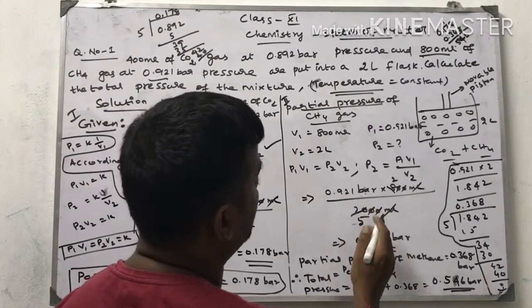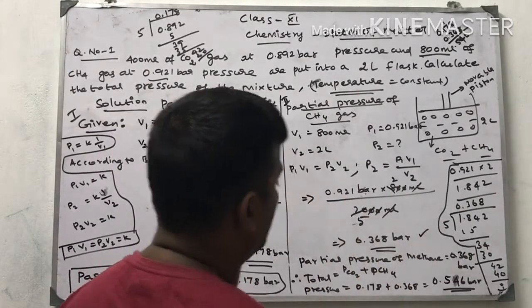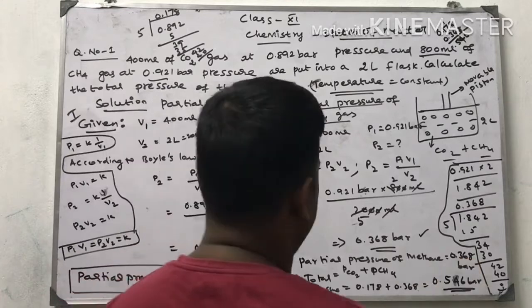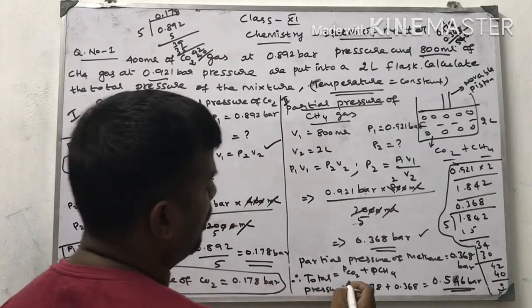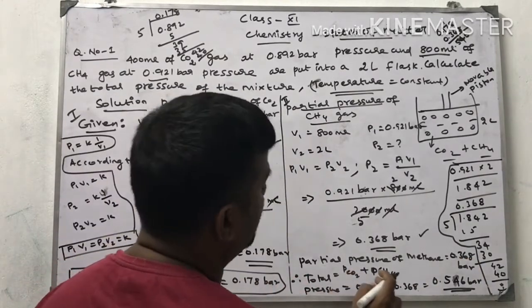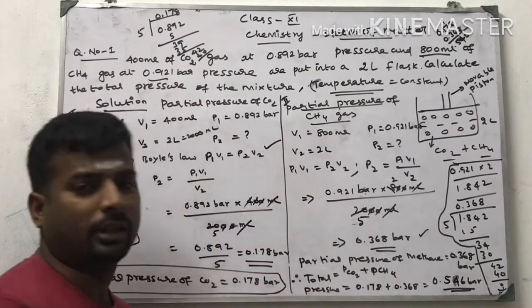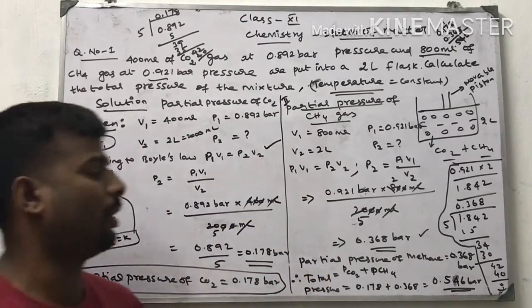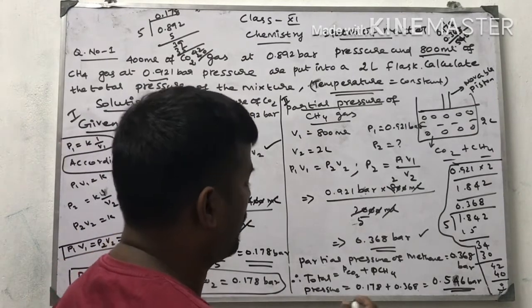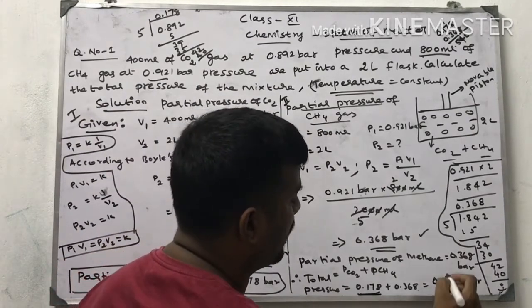Substituting the values and simplifying, we get this value. Partial pressure of methane is this. So total pressure is equal to partial pressure of carbon dioxide plus partial pressure of methane. Here we are using Dalton's law of partial pressure. Applying the values, we get the answer.